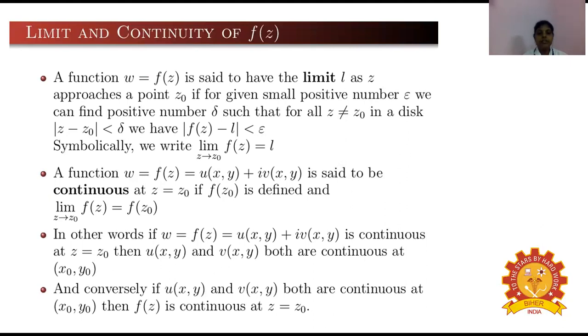Conversely, if u of x comma y and v of x comma y both are continuous at x0 comma y0, then f of z is continuous at z equal to z0.